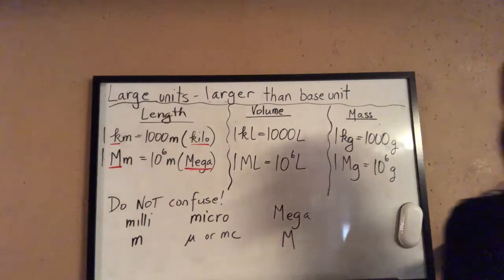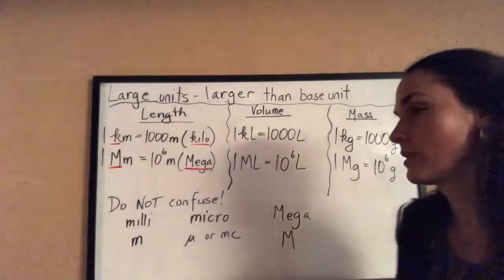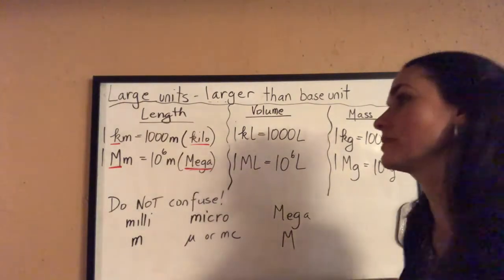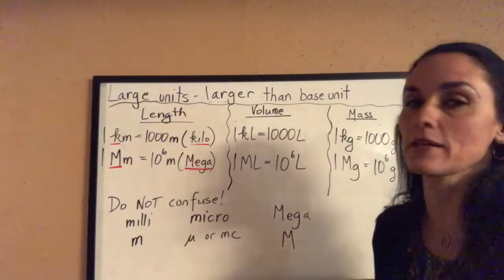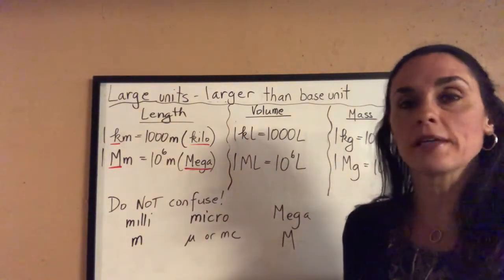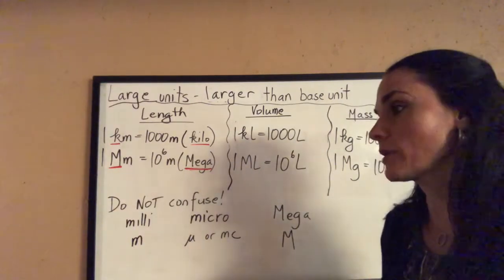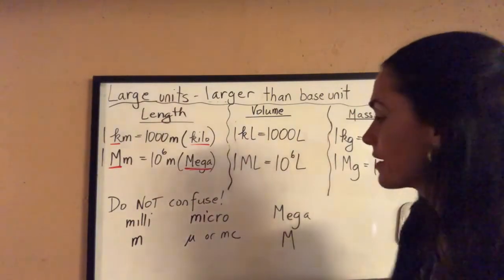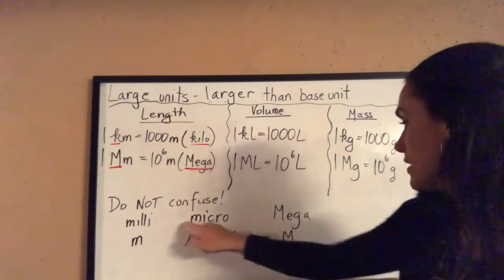Now, we have a few prefixes that look similar. And maybe you have the tendency to sporadically capitalize or lowercase letters to make it look artsy. We don't have that in science. Capitals and lowercases can mean completely different things, so we need to be careful of that. Do not confuse milli, micro, and mega.